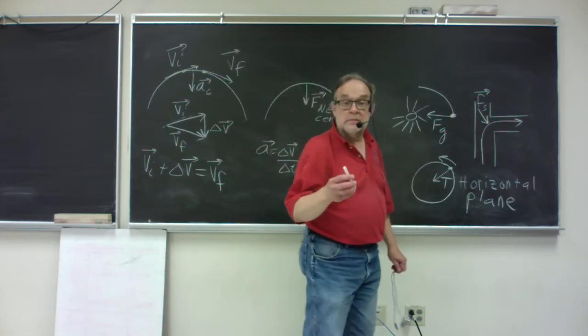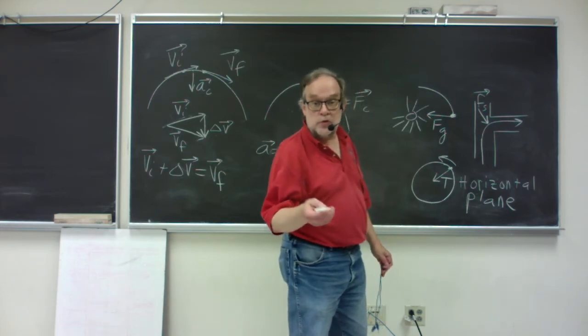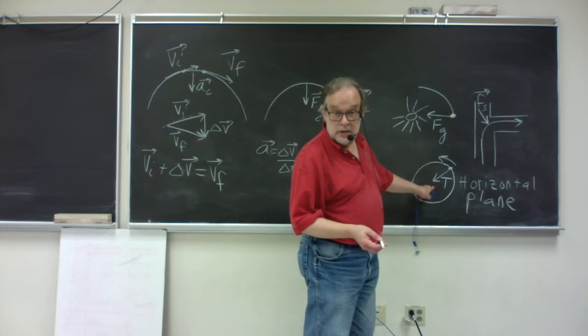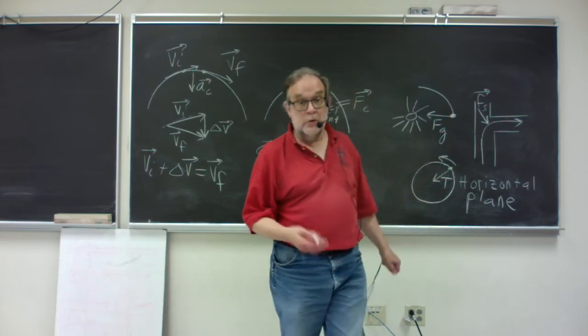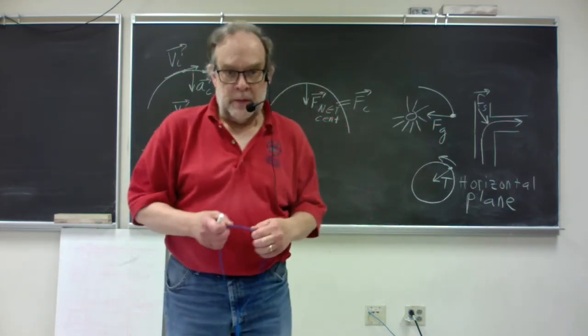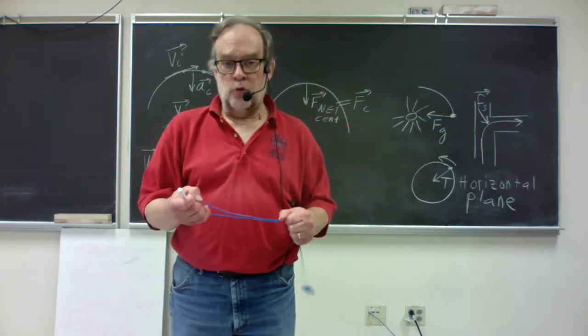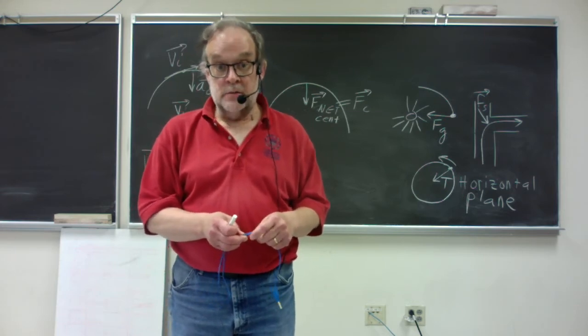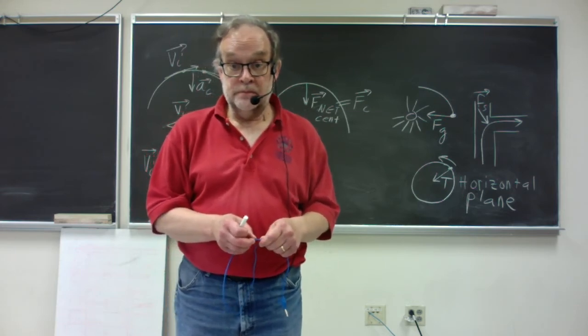What's the force that supplies the centripetal force in that case? Well, it's the tension in the wire, pulling in towards the center of the circular path, pointing towards the center of the circular path the way any centripetal force should. And that's what causes the circular motion.